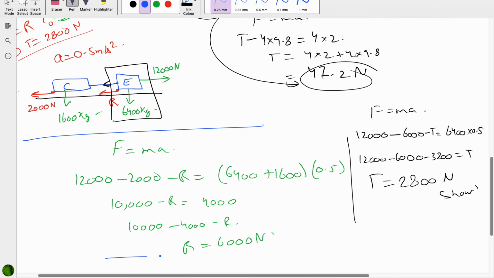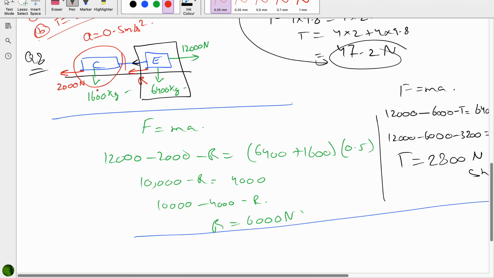The question is complete, but still I'm doing it for the sake of concept with this carriage. If we consider this body, it will be F equals MA. Now the forward force in this case is this tension. Tension is always away from the body. So tension is towards the right-hand side, and towards the left-hand side is 2000.